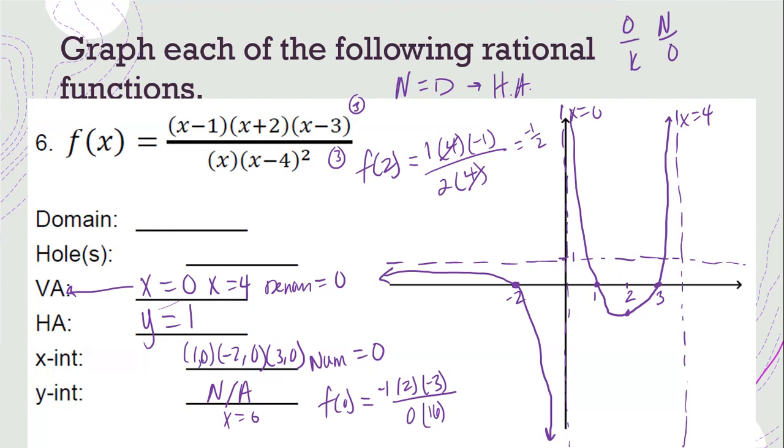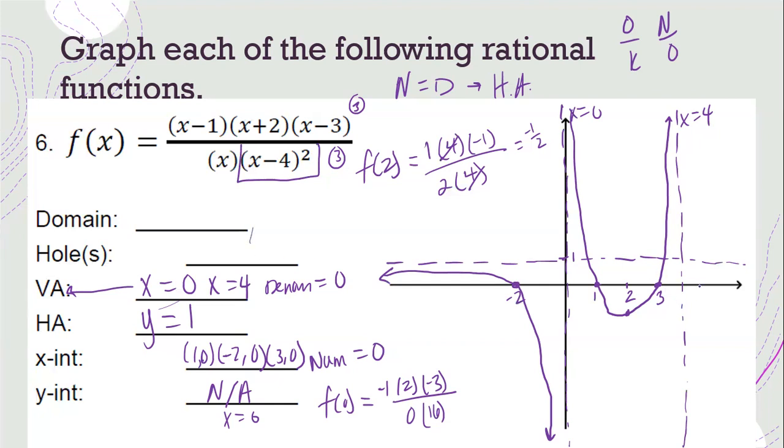It usually happens when your denominator is greater than your numerator in terms of degrees. This one came out to be a quadratic because look here, it's a double factor, which usually causes some other things to happen.